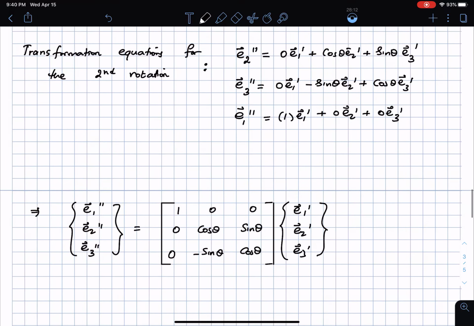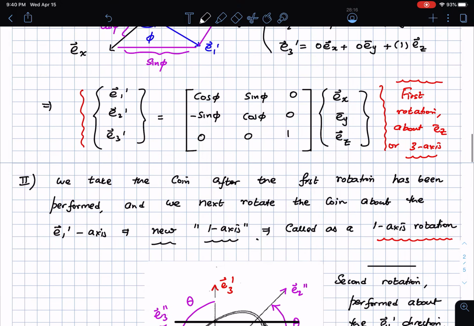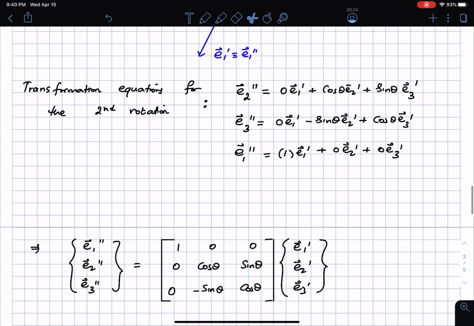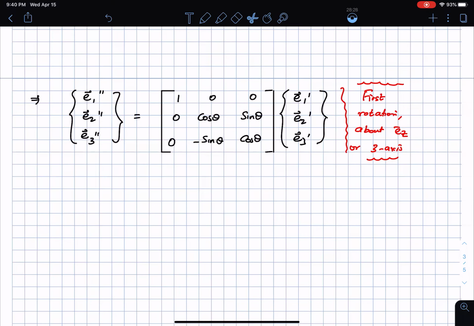I want to give it the same labeling as before, so I'm just going to scoot up and look at this one here. So I'm going to bring this right down. I'm just going to copy that and bring that here. So this is going to be the second rotation now, not the first rotation.